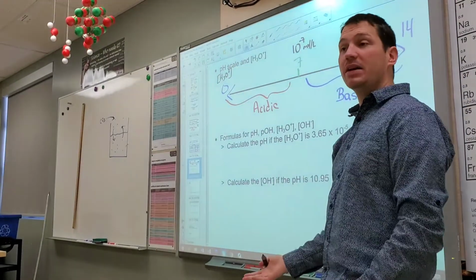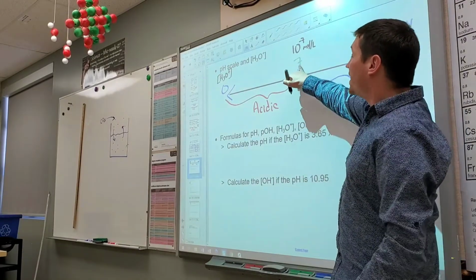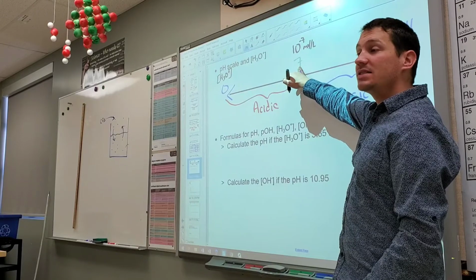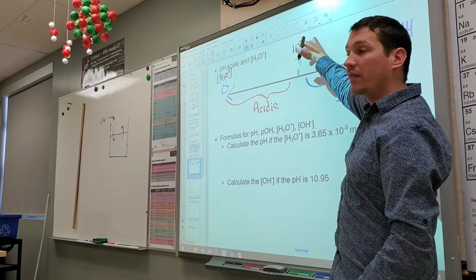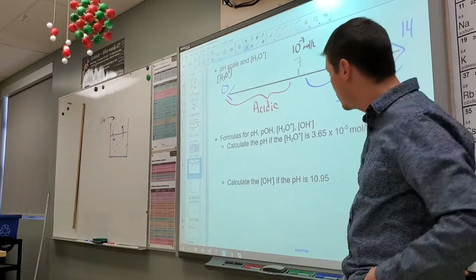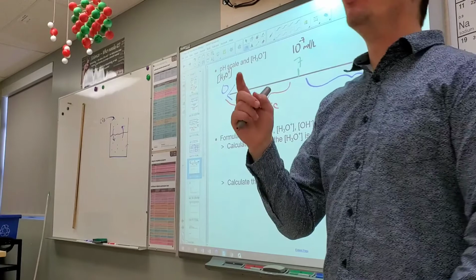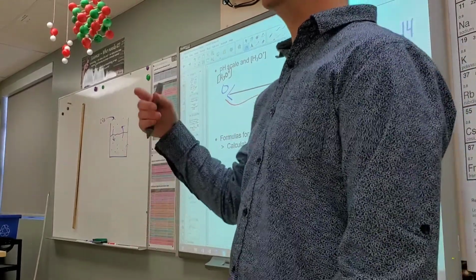It's a logarithmic scale, for those of us who are in Math 30. So this number represents the power on the concentration. So what pH would a solution of 1 times 10 to the negative 3 be?